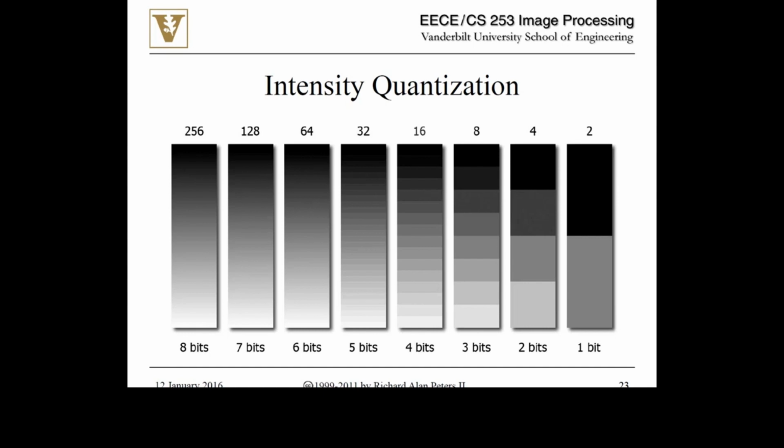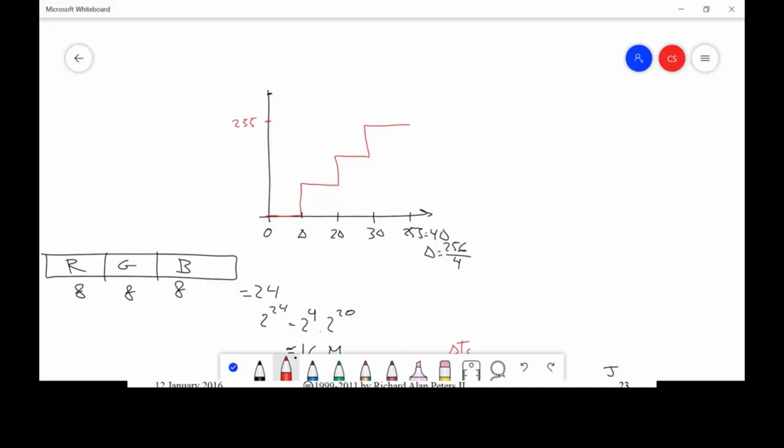So actually, a better step function would be this one. I have to represent the average from 0 to delta, that is delta half. So this would be better. And then the average from delta to 2 delta, so this would be 3 delta half, and so on.